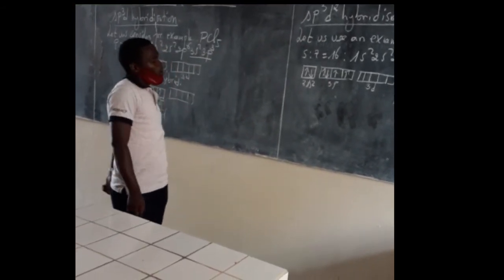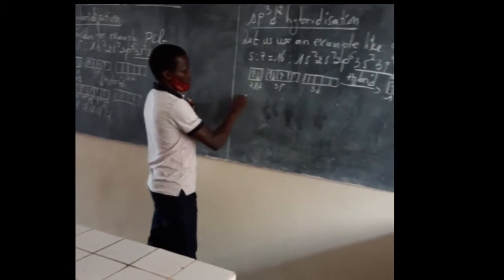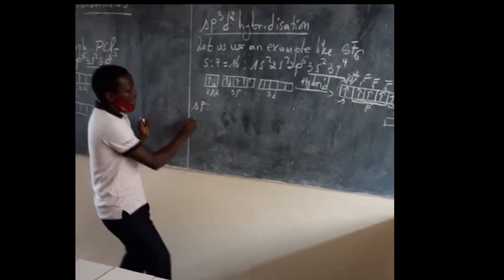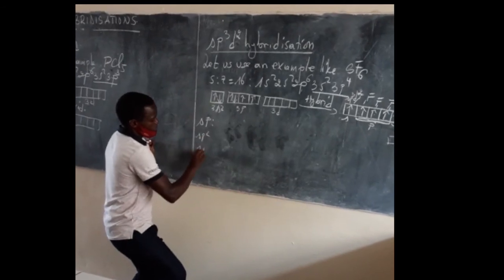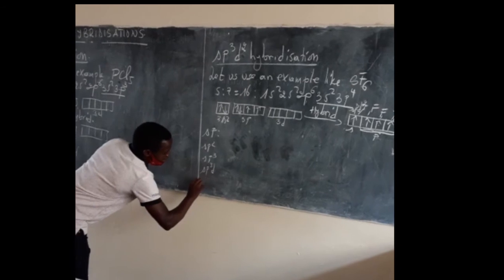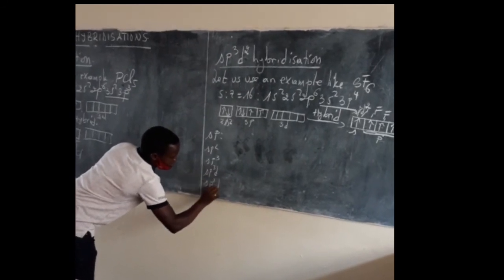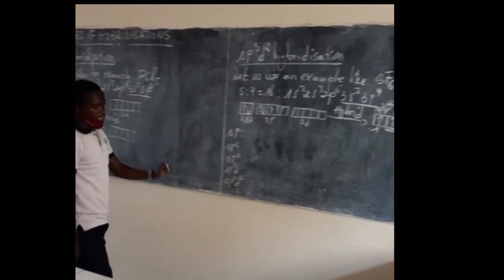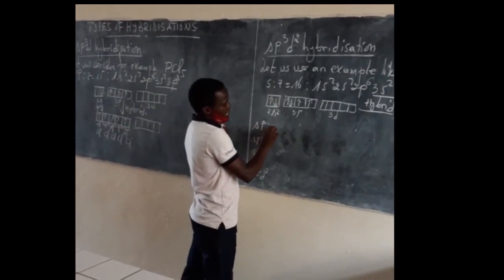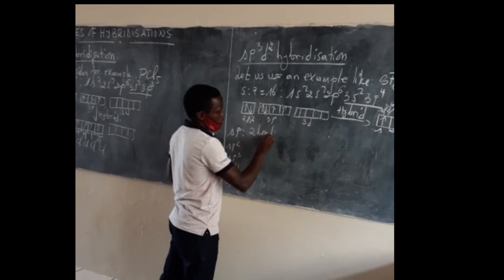Then, simply, when we talk about sp, I have also sp2, sp3, sp3d, and sp3d2. In this case, here I have just two bonds.